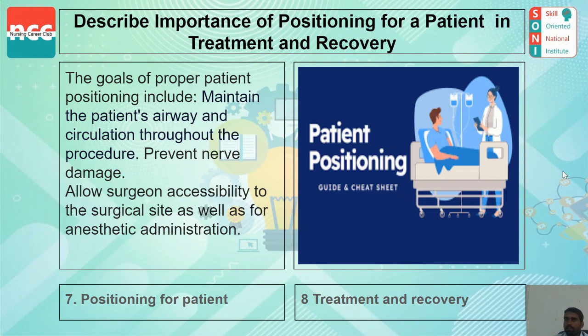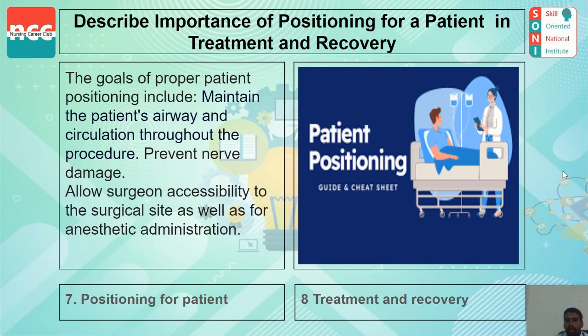And if a patient is likely to have nerve damage, then the HHA should also focus on the nervous system, and allow the surgeon accessibility to the surgical site as well as for anesthetic administration.